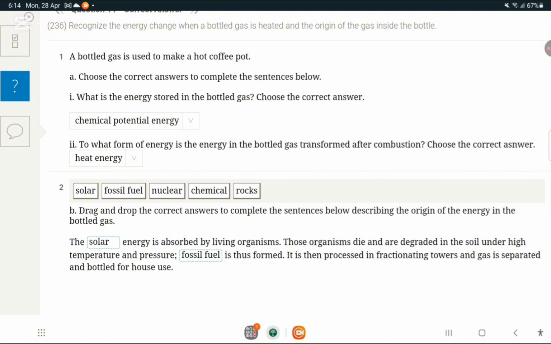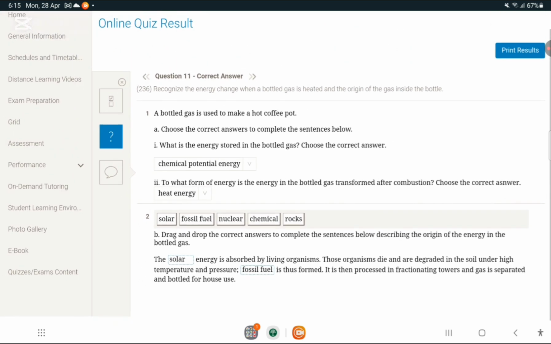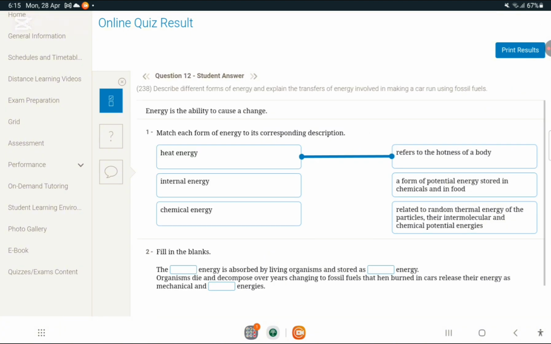So this energy, under high pressure, turns into fossil fuel, which is highly concentrated energy. That's what cars run on, petrol. It is very reactive, highly flammable, and it is then processed in fractioning towers, and gas is separated and bottled for house use. Okay, on to the next.